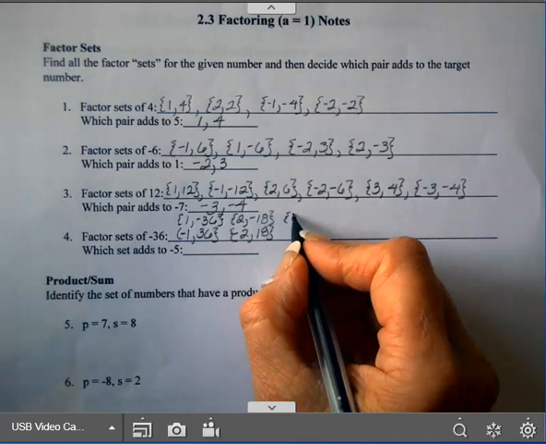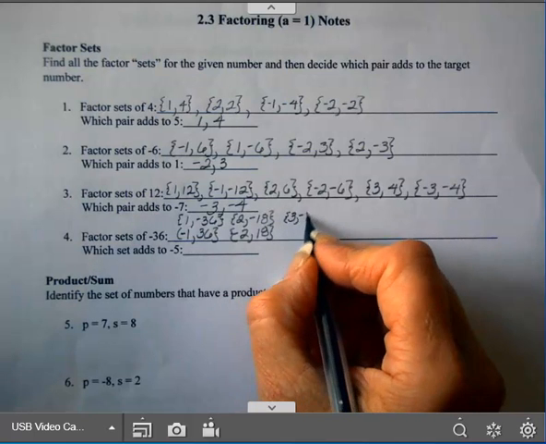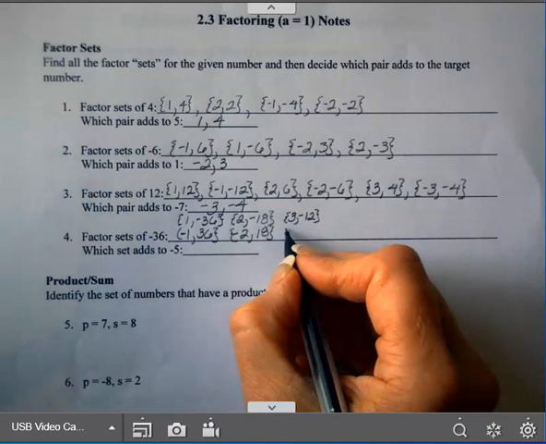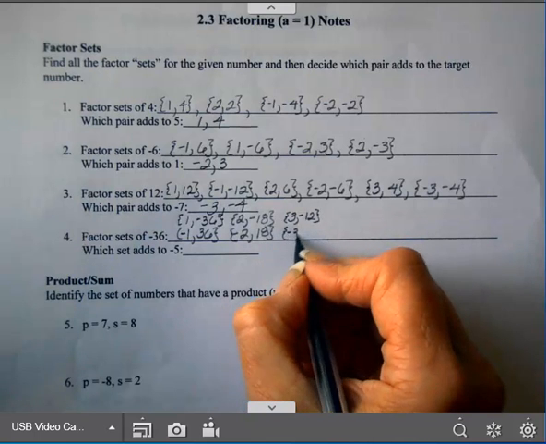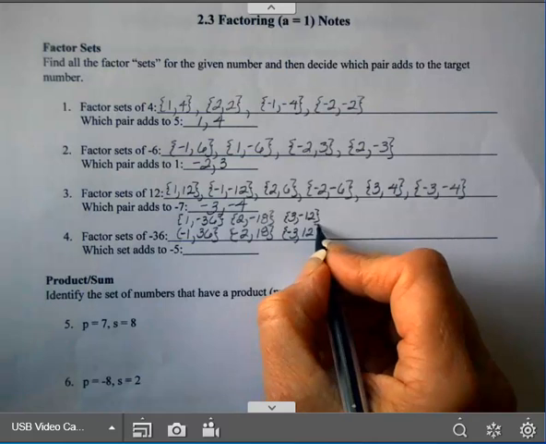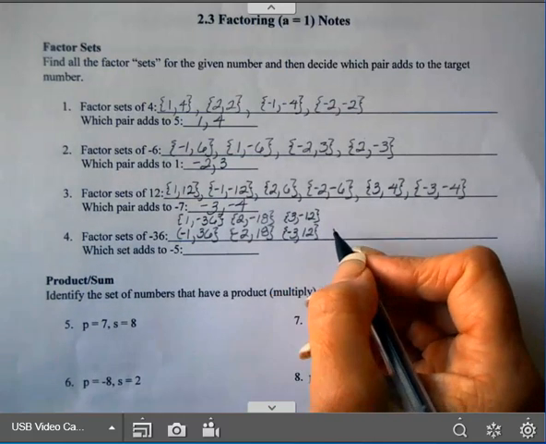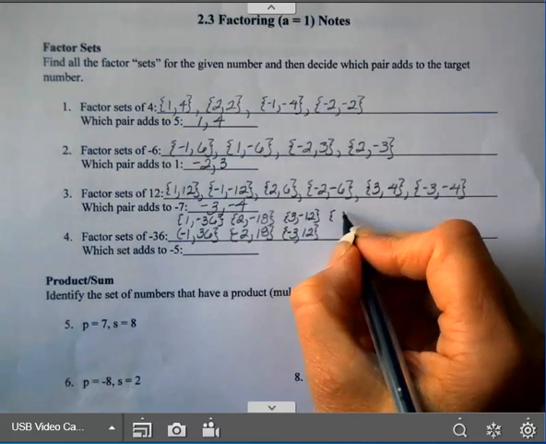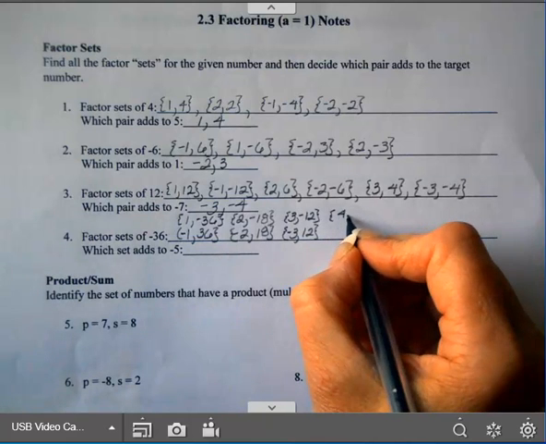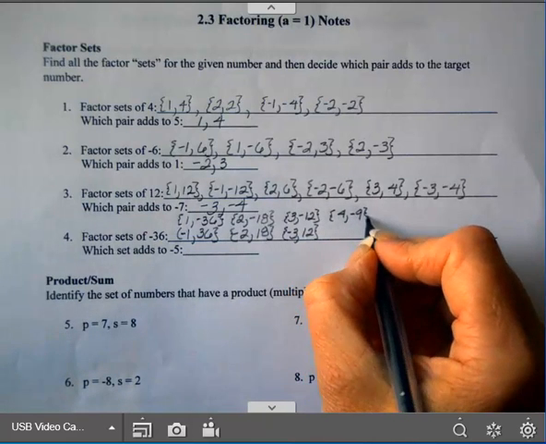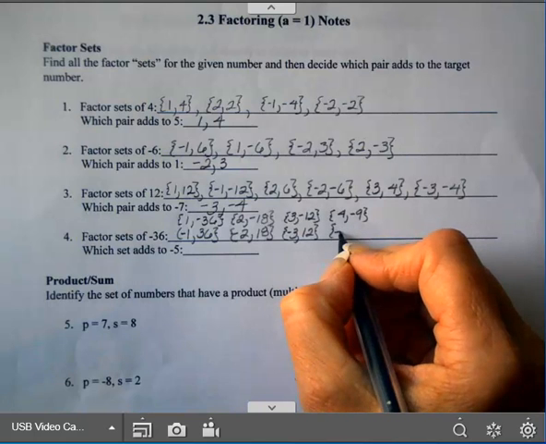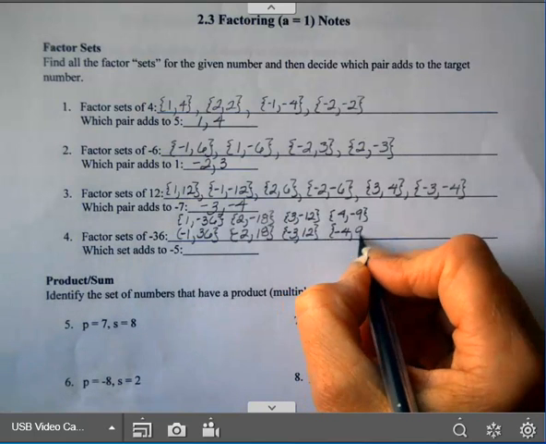My next pair will be 3 and -12. I also have -3 and +12. Then 4, -9, -4, +9.